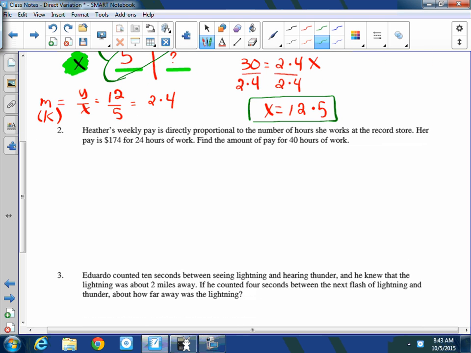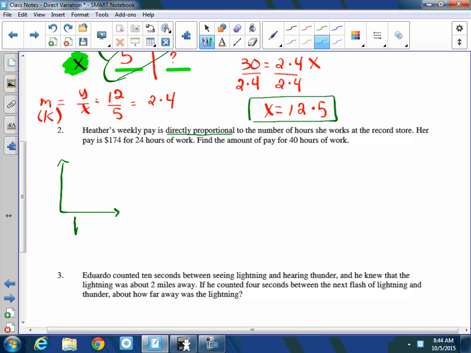Heather's weekly pay is directly proportional to the number of hours she worked. So what are the two things that the problem is talking about? The number of hours you work, and the money. What depends on what? What should be my x?